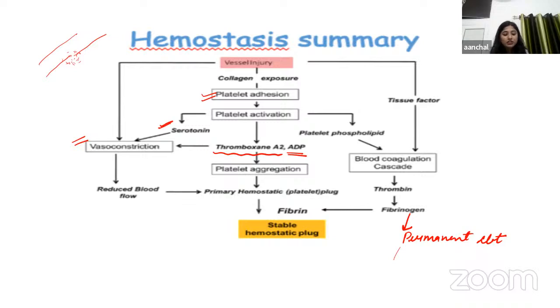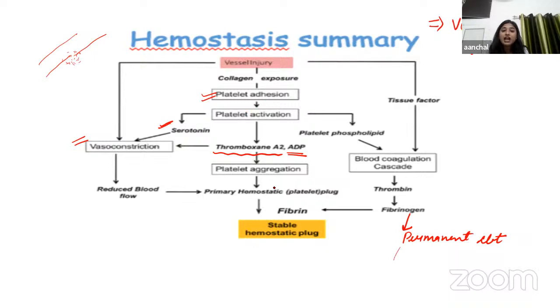Platelets adhere to this collagen and get activated, and the activated platelets secrete serotonin and other vasoconstricting substances, which cause vasoconstriction of blood vessels. The adherence of platelets to the collagen is accelerated by a very important factor, known as Willebrand factor.